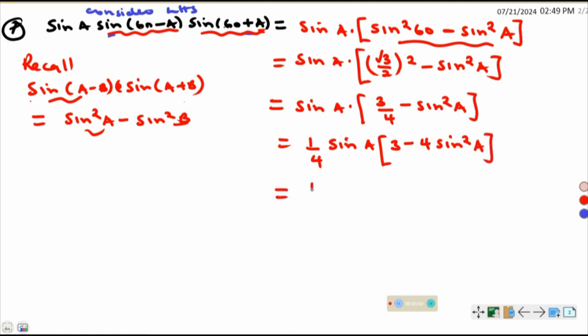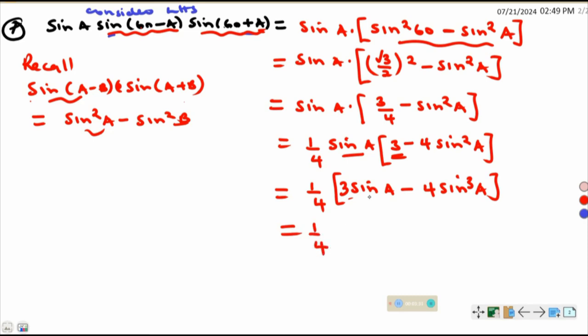From there, we easily have a quarter into, multiplying sine A times 3 and 4 sine squared of A, 3 sine of A minus 4 sine to power 3 of A. Clearly, we can easily realize that this is an identity of sine of 3A.